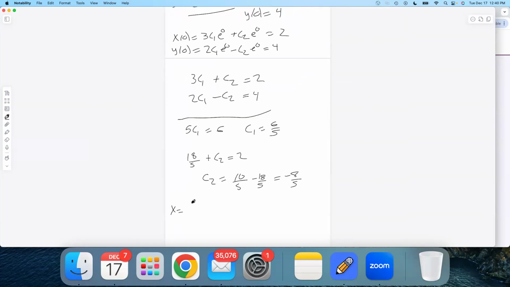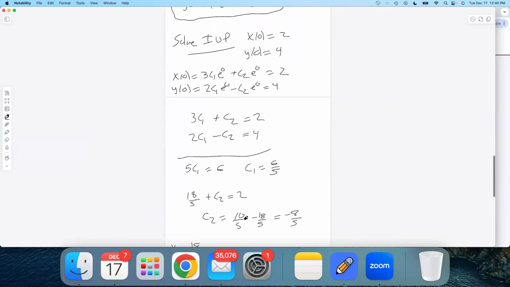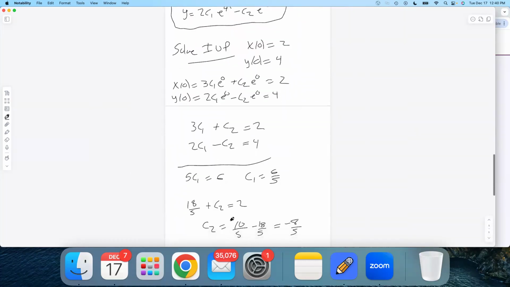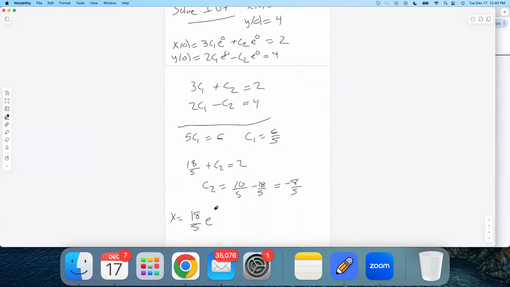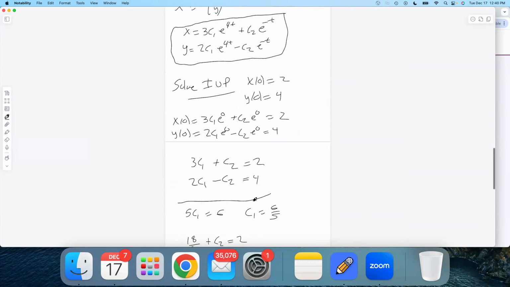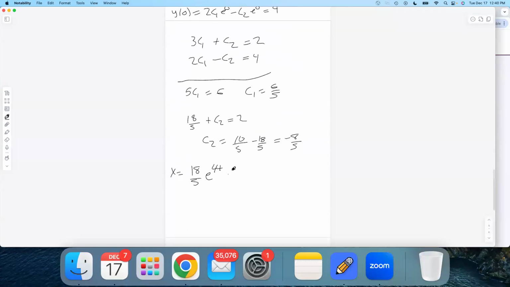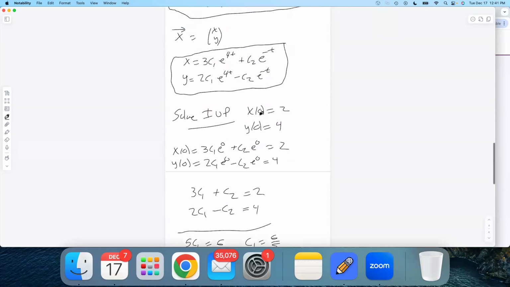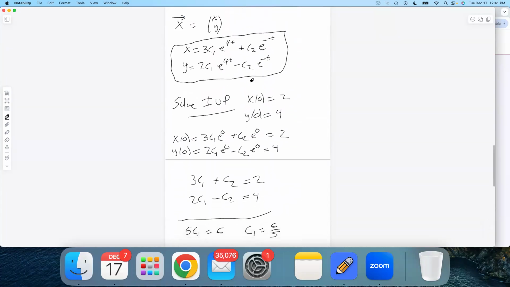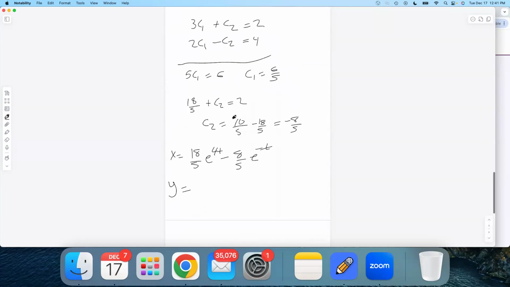So then my particular solution would be x equals 3c1, 18 over 5, e to the 4t, plus c2, e to the negative t, and y will be 2 and negative 1, 2c1.